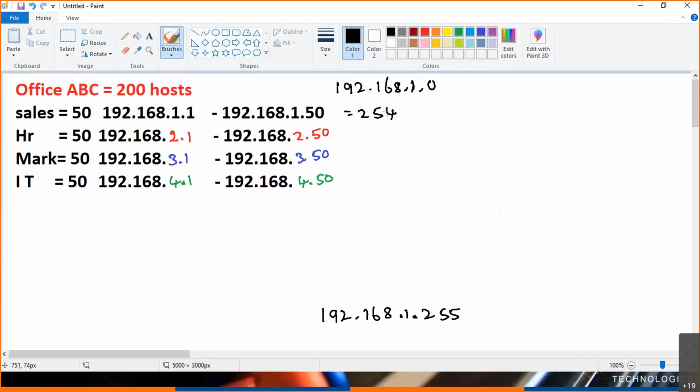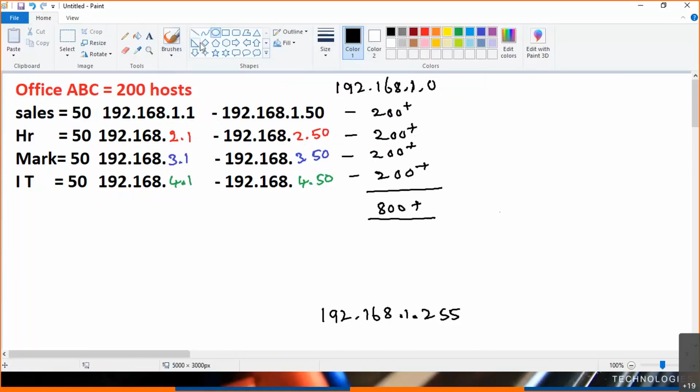How many IPs are being wasted? 200 plus. For the second, HR department, again 200 plus IP addresses. Here 200 plus, here 200 plus. For four departments in total, how many IPs have been wasted? 800 plus IPs have been wasted. We are wasting 800 plus IP addresses.